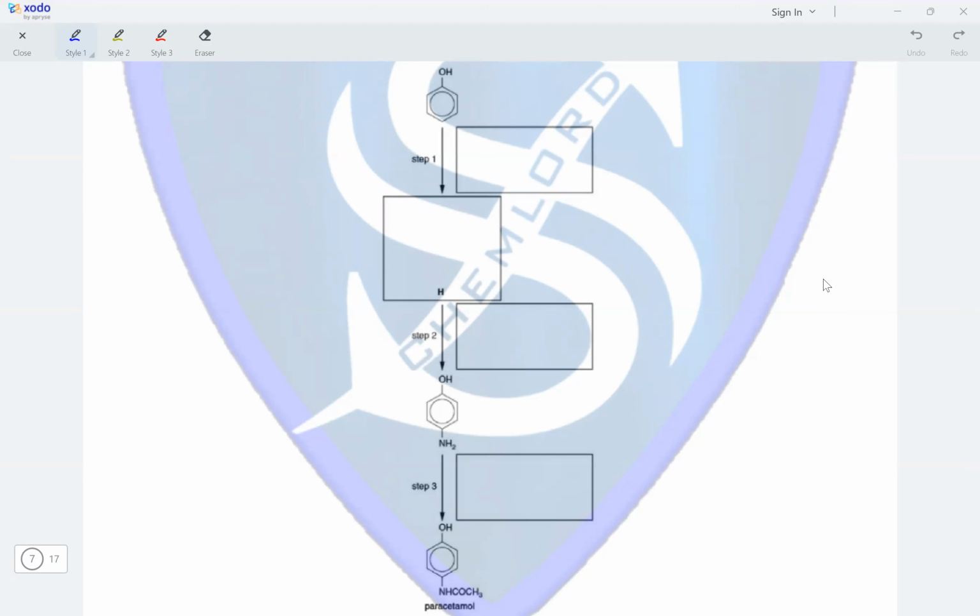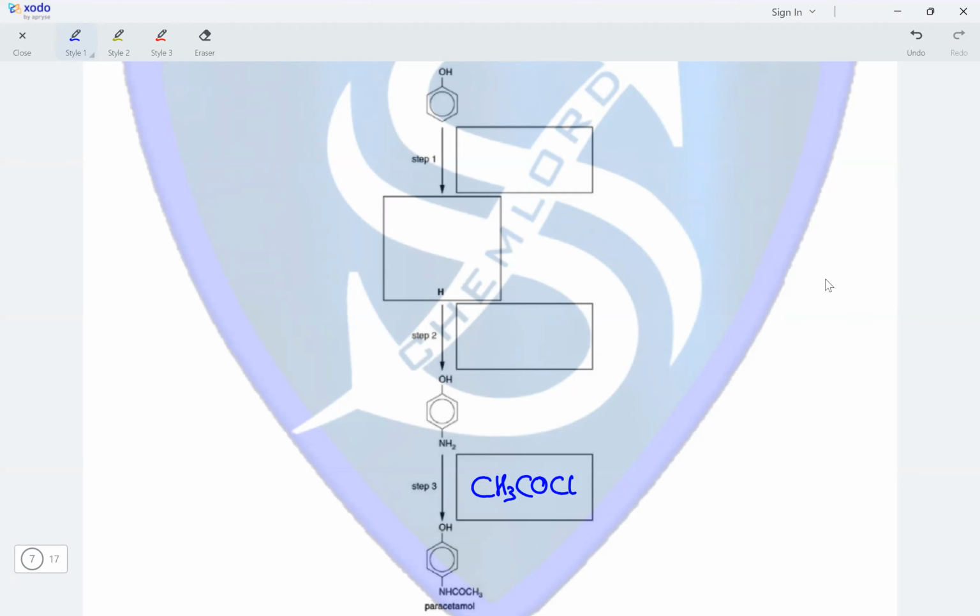So, in step 3, we have conversion of the amine group into an amide group. That means the reaction would be with an acyl chloride. So, the reaction would be with CH3COCl. And before we have the amine group, an intermediate H forms.